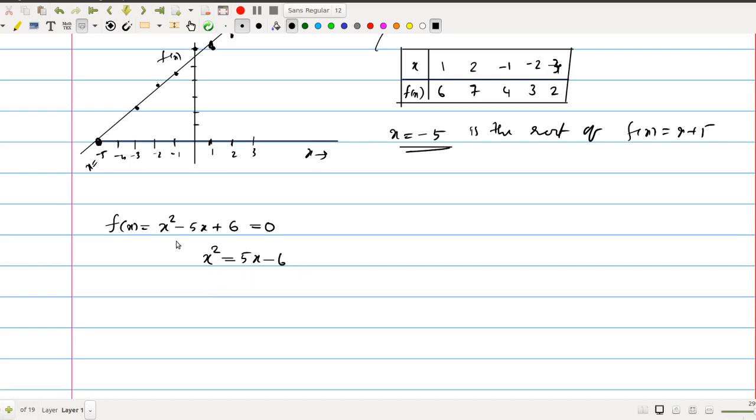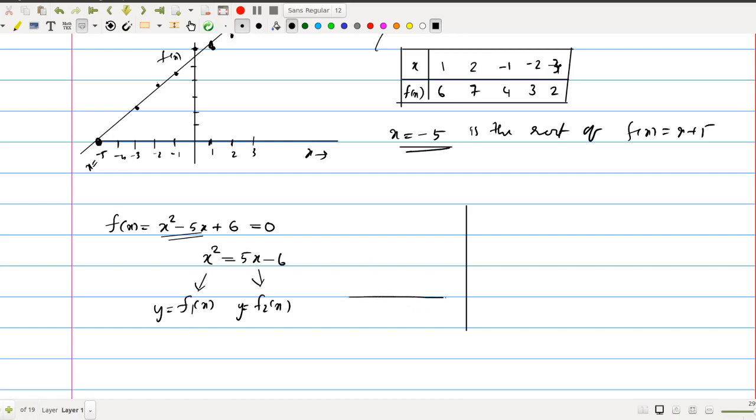So if it is not so easy to draw the graph of this, you try to split it into two by transposing some terms of this equation to the right. Then you can get two functions, f1 of x and f2 of x. We draw the graph of these two functions. You can easily draw them because the first function f1 is nothing but x square, that is a parabola.